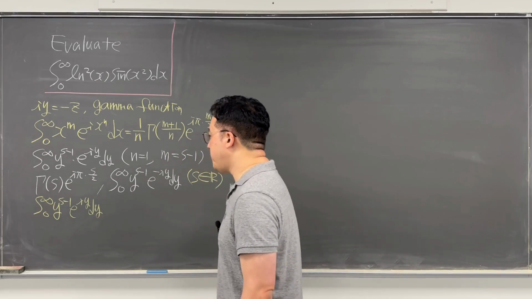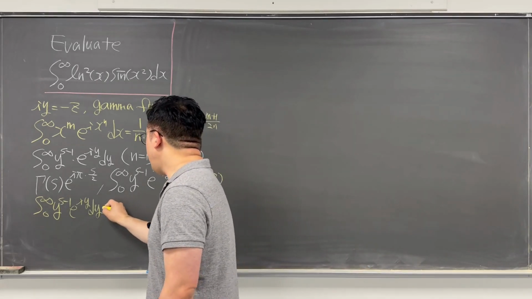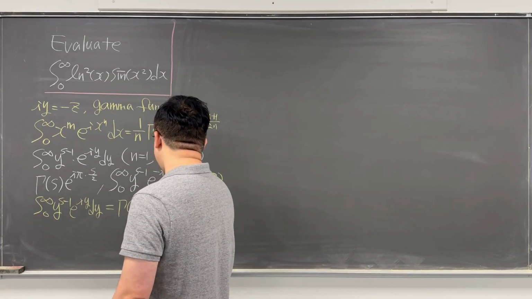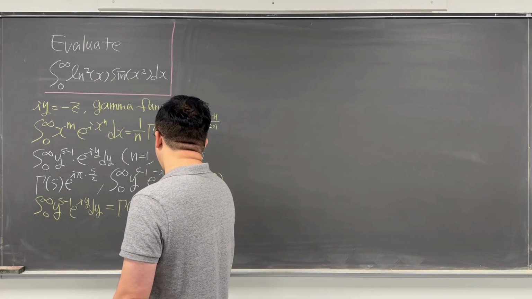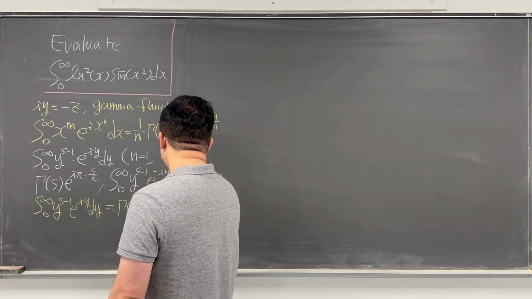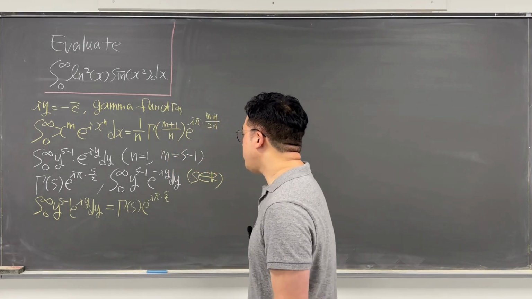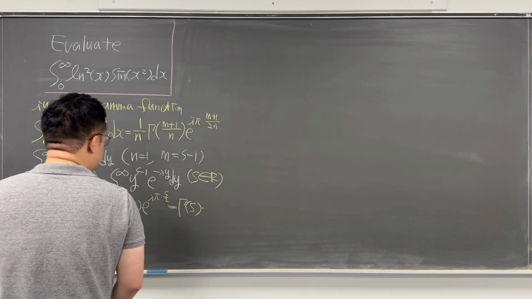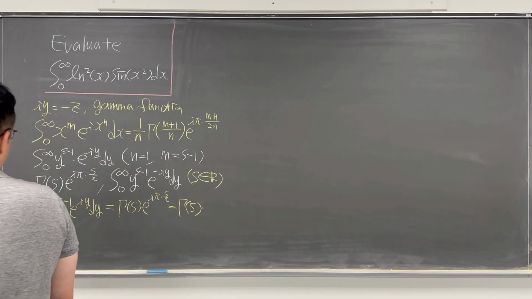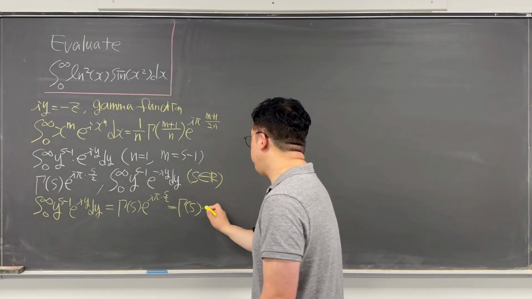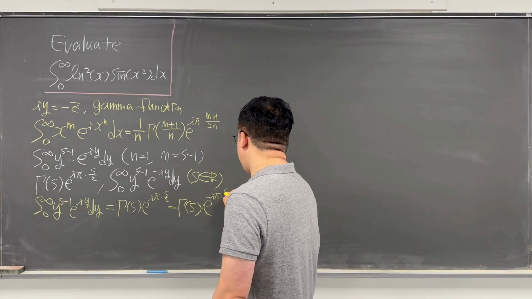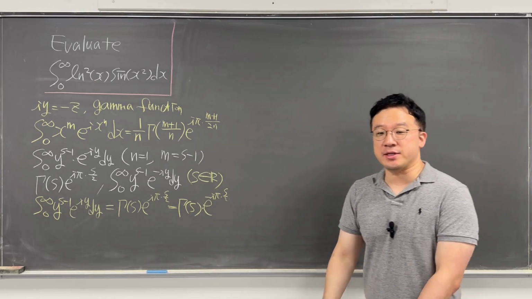One of the integrals we should be evaluating would be represented as this gamma of s times e to the power of i pi times s over 2. Okay, the other has to be gamma of s times e to the power of negative i pi times s over 2 for that reason.